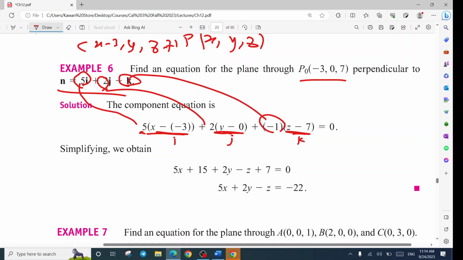Of course, the result of the dot product is what? Here's the number. Yes, dot product. Of course we will get the x, y, z. This is the equation.